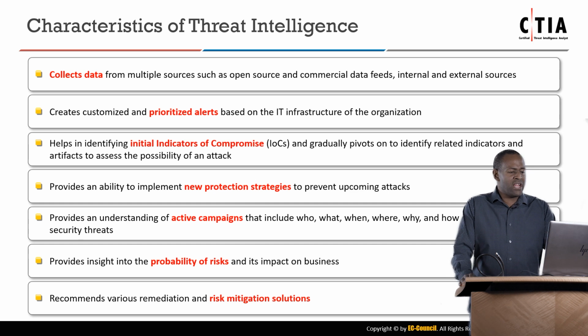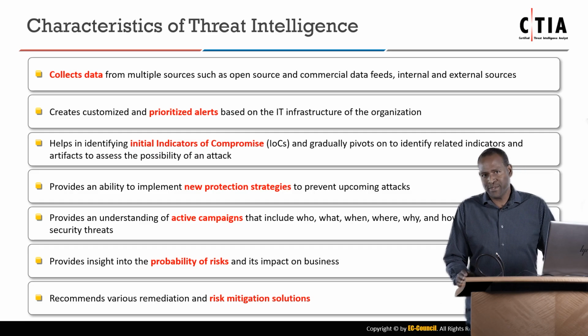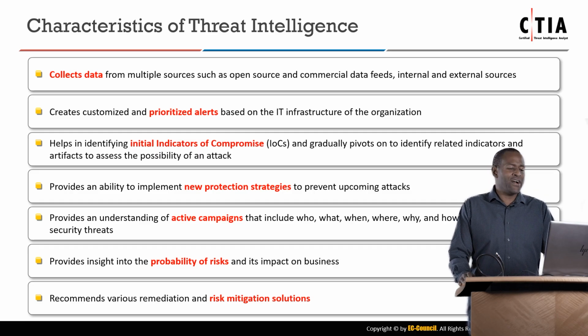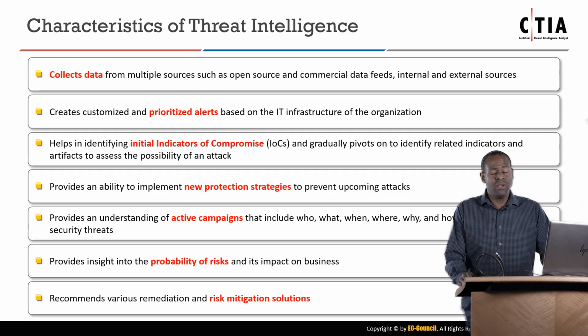Next, create, customize, and prioritize alerts based upon the IT infrastructure of the organization. This assumes that you have a good handle of your IT infrastructure. And this is an area that in a lot of my consulting gigs, where I go into an organization that I had previously not had much information about, one of the first things I ask my customer for is information on the IT infrastructure.